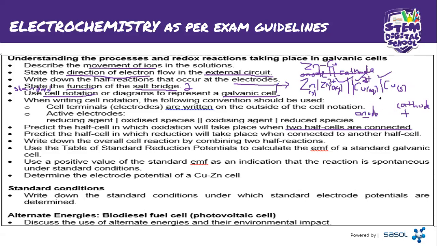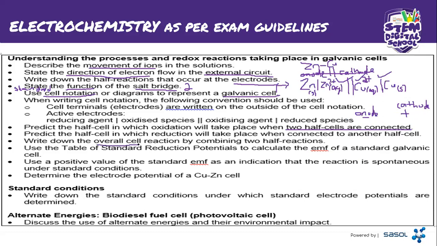In other words, the electrode that is connected to the negative terminal of the voltmeter, which is negatively charged, you will have oxidation there. Then the cathode, which is positively charged and connected to the positive terminal of the voltmeter, is where you will have reduction. And again, we talked about this.